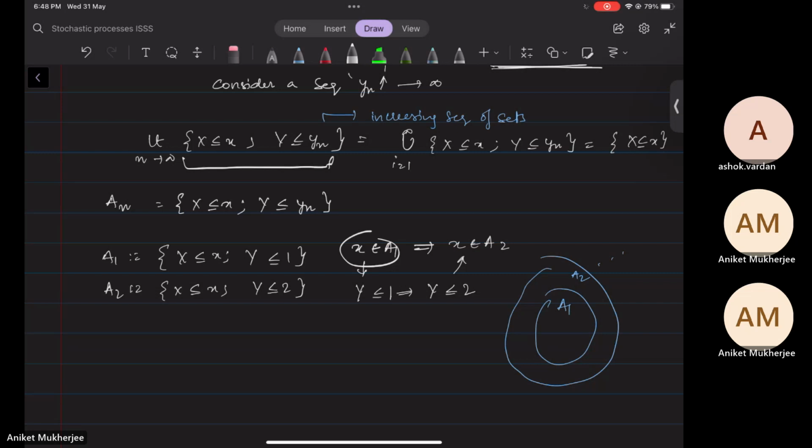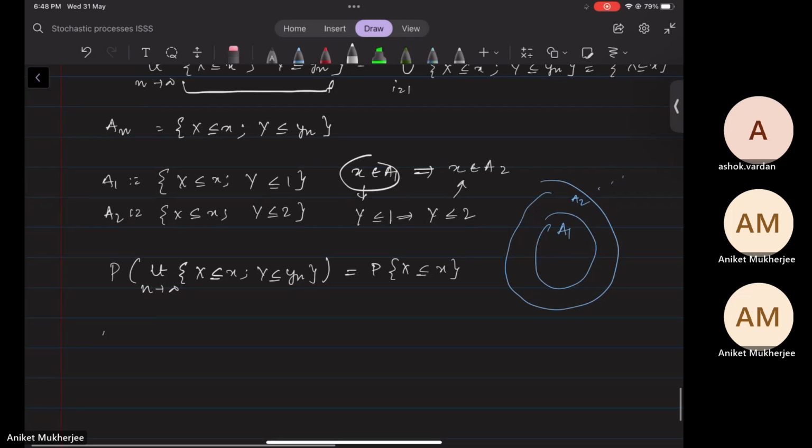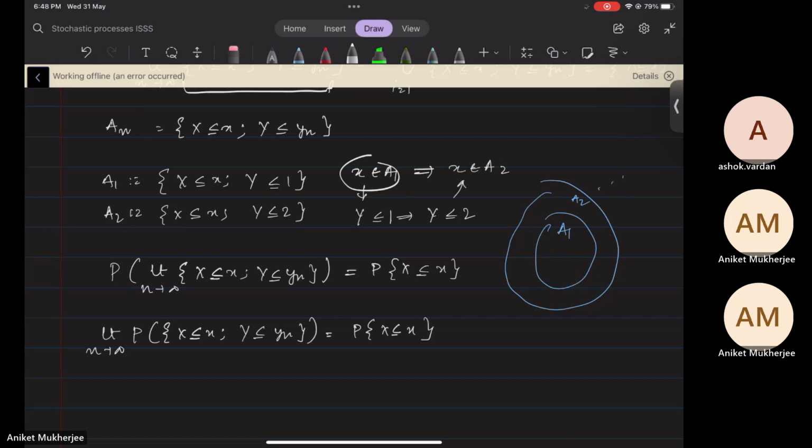Now we take probability on both sides. So the probability of the limit as n tends to infinity of X less than or equal to x, Y less than or equal to yn equals the probability of X less than or equal to x. From continuity of probability, you can exchange the limit and the probability. You get the limit of the probability of X less than or equal to x, Y less than or equal to yn, equal to the probability of X less than or equal to x.